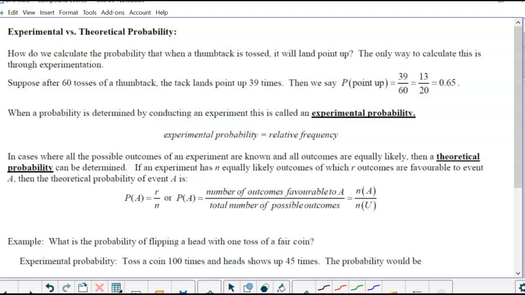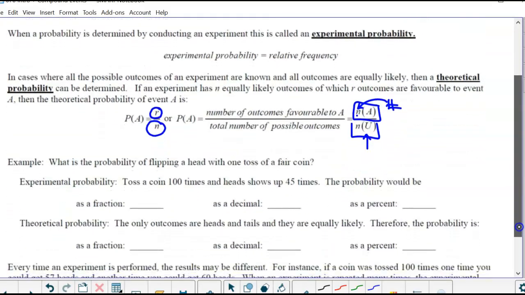Okay, so r is the number of outcomes favorable to the event, and n is the total number of possible different outcomes that could happen. So that's r over n. In words, there it is. In notation here, this means the number of possible events in A out of the number of possible in U, the whole sample set.